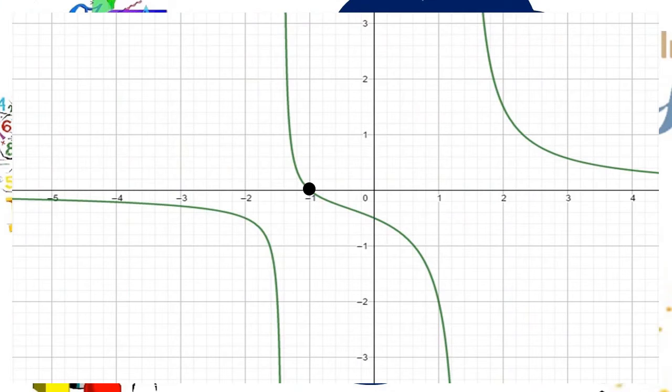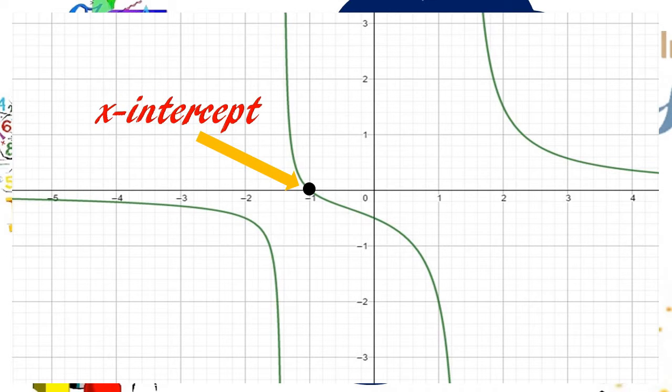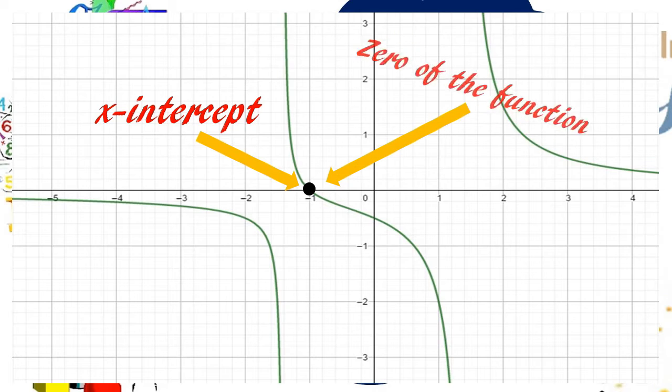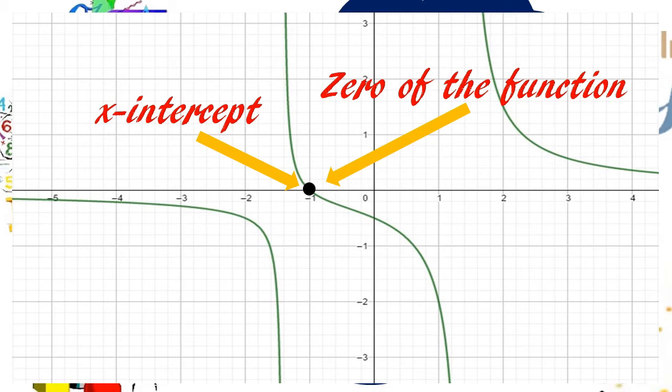Let us go back to our graph. As you can see, the graph intersected the x-axis, and the point of intersection of the graph and the x-axis is called the x-intercept. The x-intercept of the graph of the rational function is also called the zero of the function.